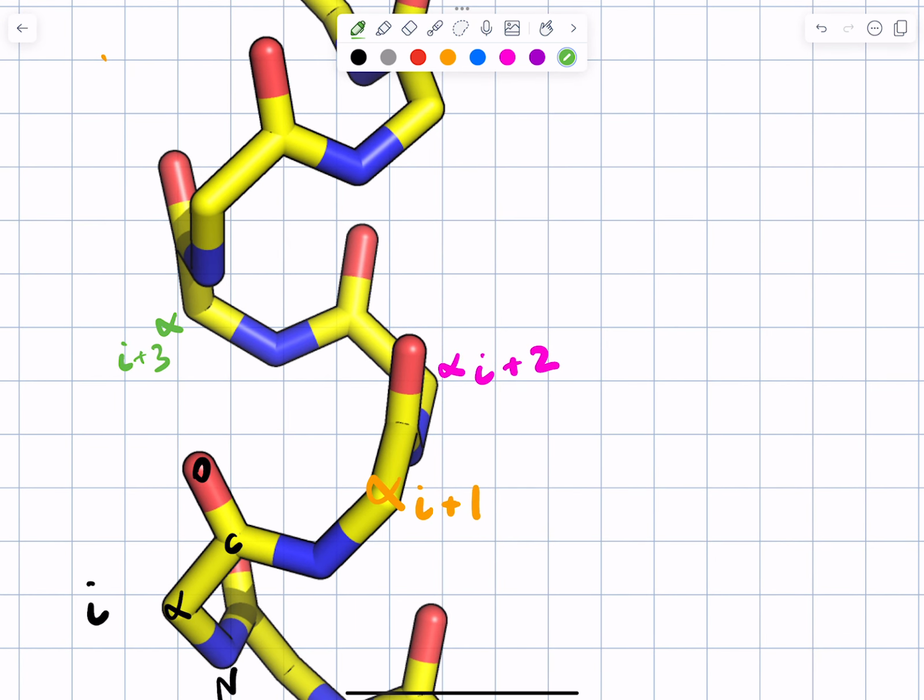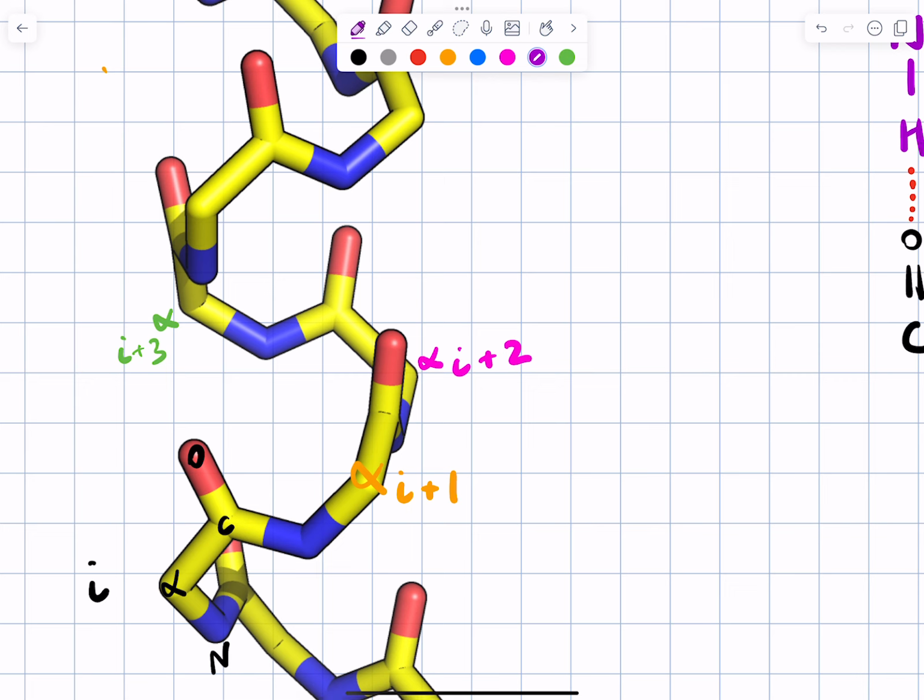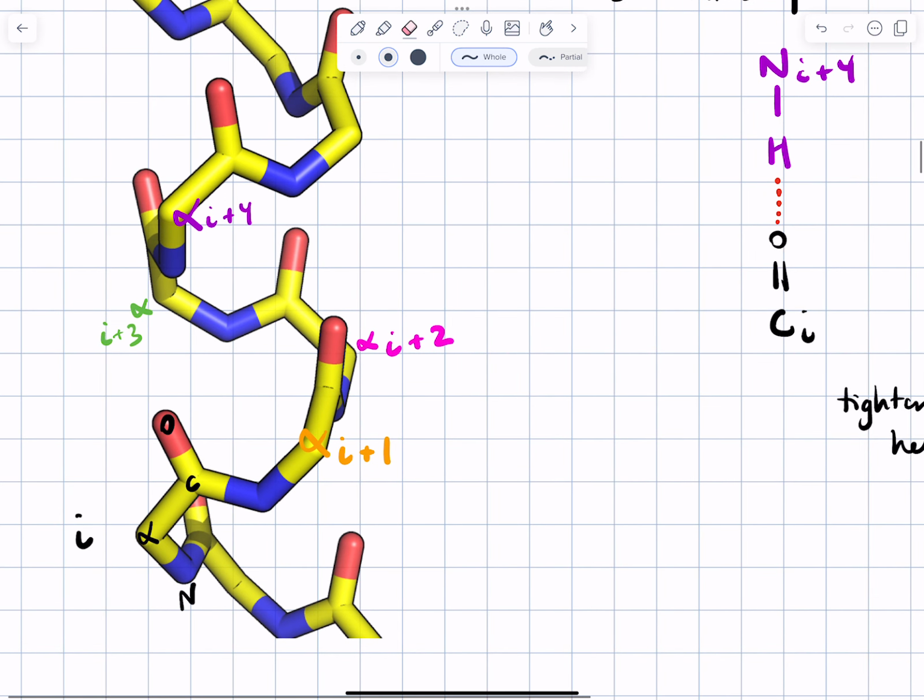And then I'm running out of colors. Oh, purple. Here in purple is the I+4 alpha carbon. Notice that spiral pattern, and notice that by the time I get to the I+3 and I+4 position, I'm hovering over that original I position.